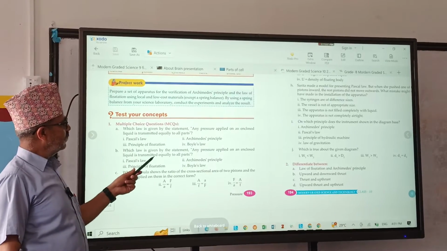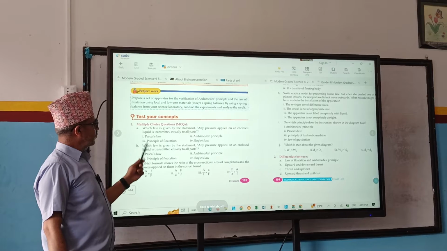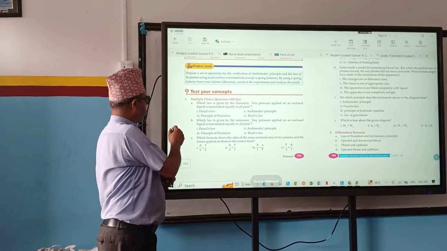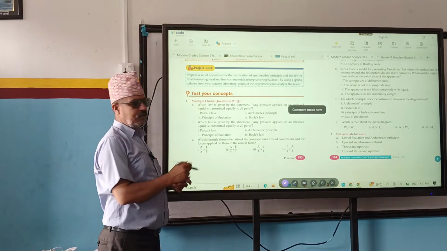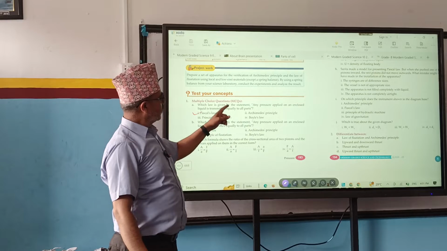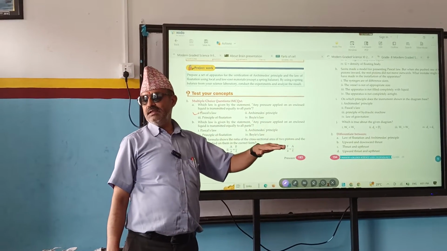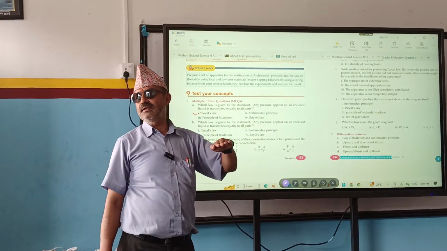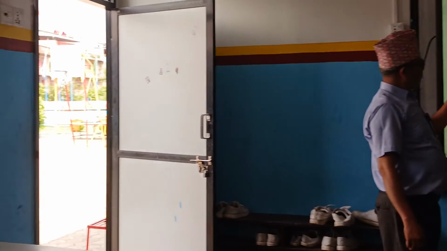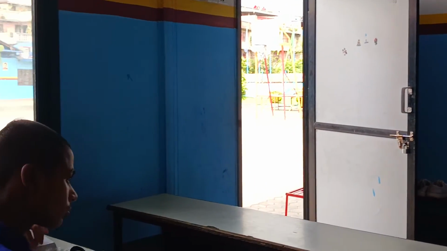Pascal's law, Archimedes principle, principle of flotation, or Boyle's law. Which one is correct? Pascal's law is correct. When pressure is applied in any enclosed, completely packed vessel with liquid, it is transmitted equally.